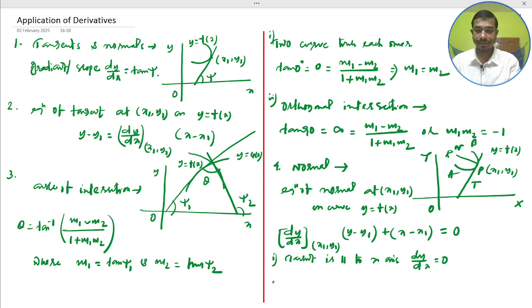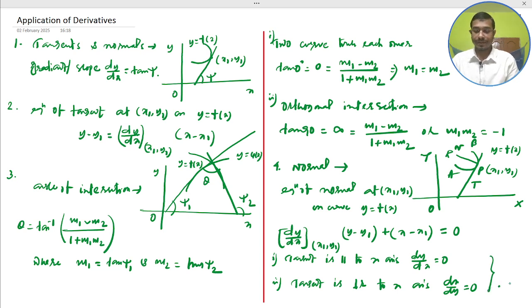This is the condition. Next, the tangent is normal, or perpendicular, to the x-axis. So here the condition dx/dy would be 0. These are the two conditions for this.